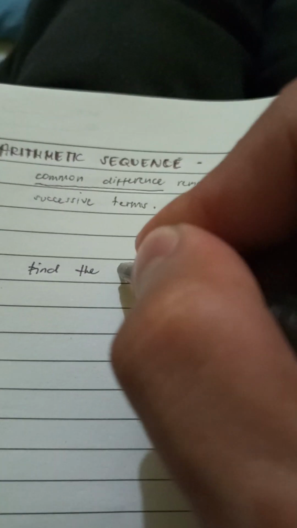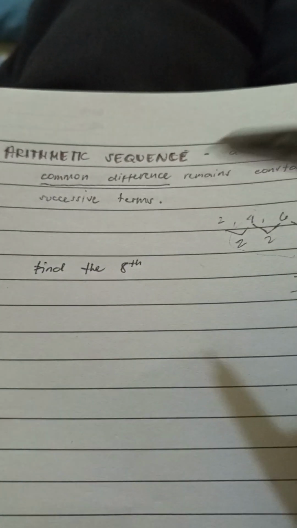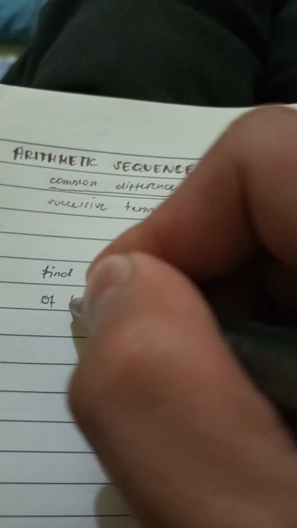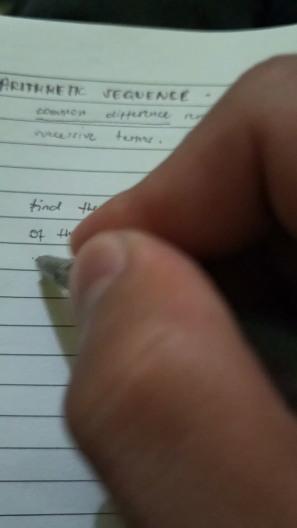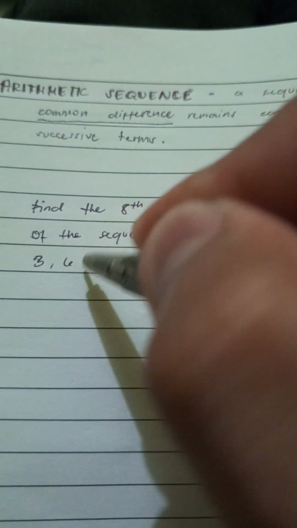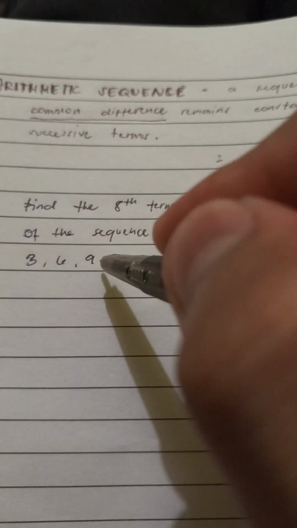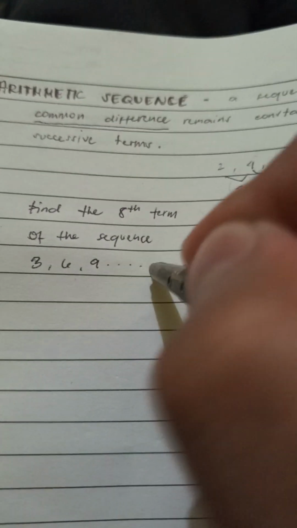So let's try to solve a problem. Let's say, for example, we need to find the eighth term of the sequence 3, 6, 9, and so on.